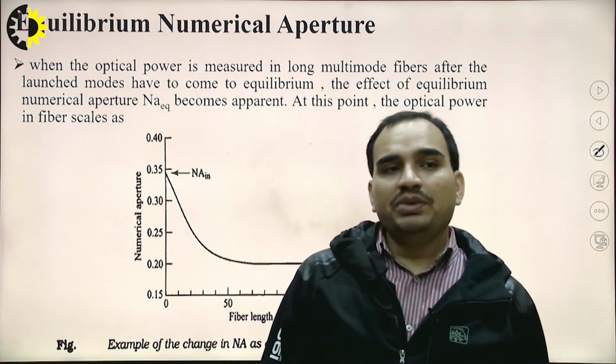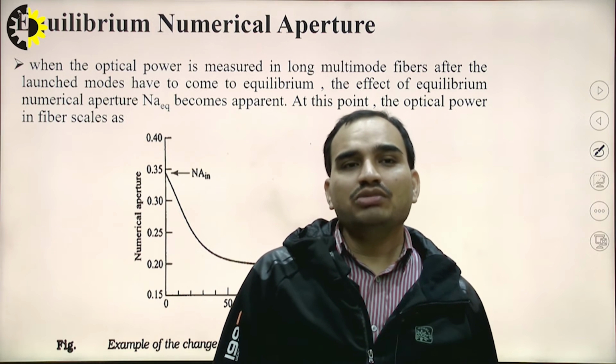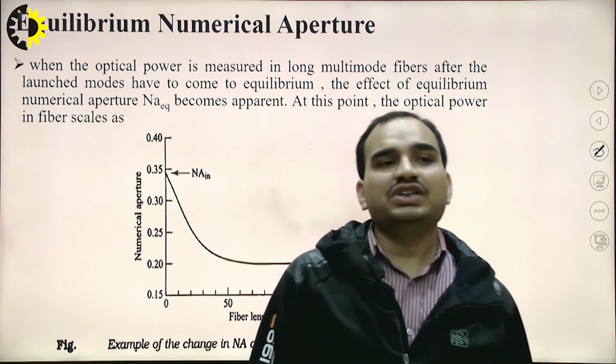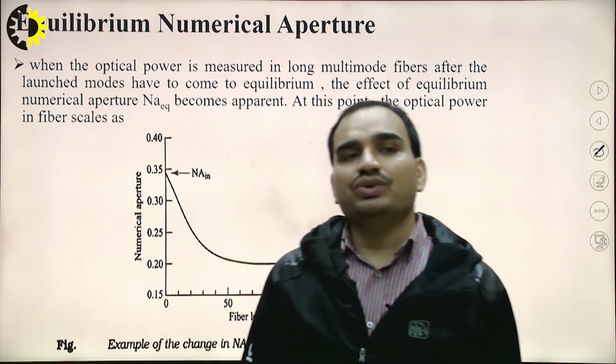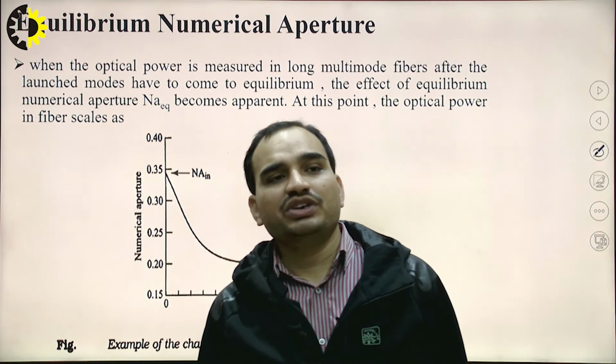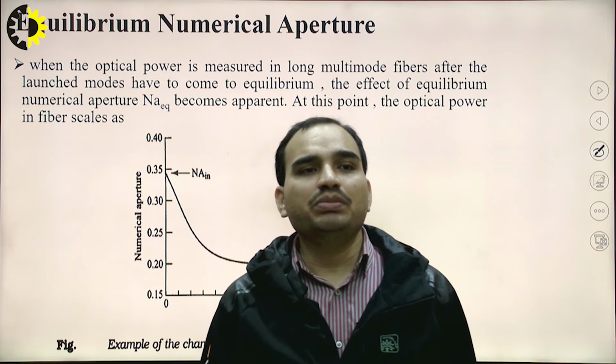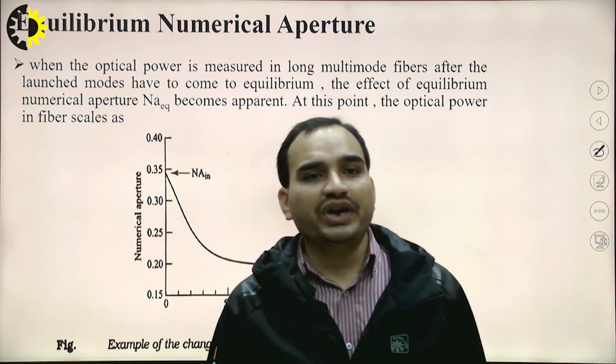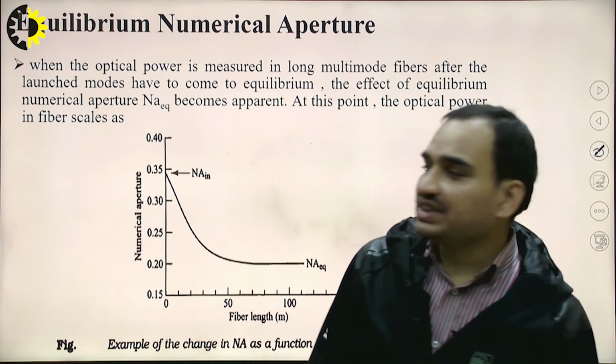When the optical power is measured in a long multimode fiber after the launched modes have come to an equilibrium, the effect of the equilibrium numerical aperture, that is NA equilibrium, becomes apparent. At this point the optical power in the fiber scales accordingly.